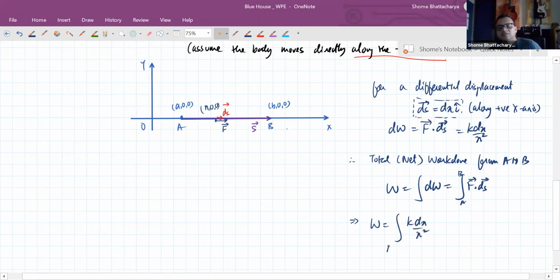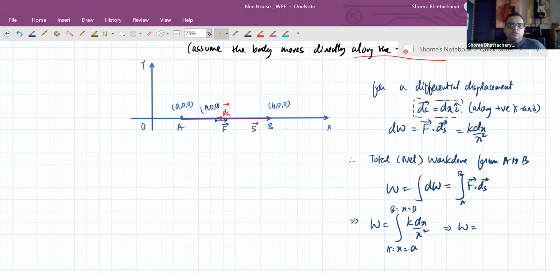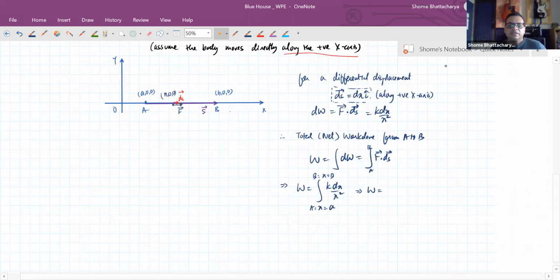The position A will be substituted with x equal to a, and the position B with x equal to b. Then solving this integral will give us the work. So just note this down up to here and complete the integration.